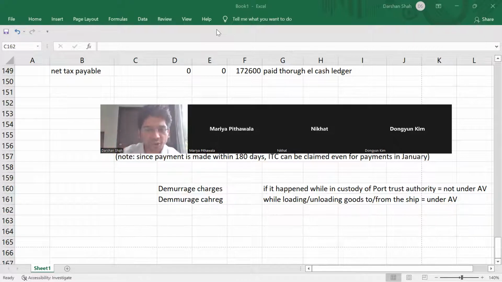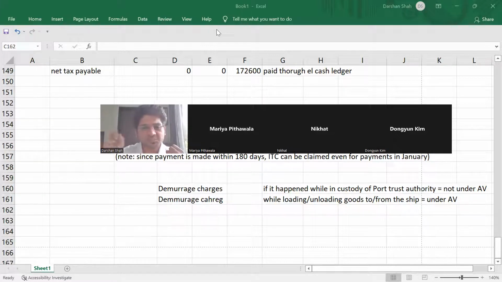Because if I'm bringing it from a ship, the humidity in the air might lead to some losses, right? Okay, so avoidable losses or unavoidable losses does not matter. If it is charged to the customer, we are going to take it in the assessable value. If it is borne by the seller, we will not take it in the assessable value.